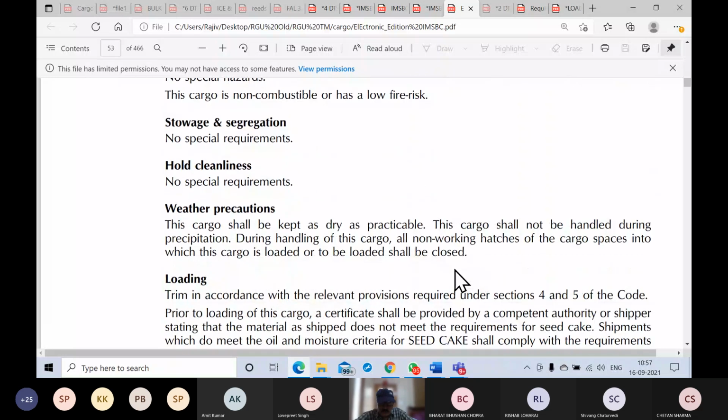So it continues. The individual schedule of this cargo continues. We are just seeing this as an example of what the individual schedule will contain. It even talks about weather precautions for this cargo: not to be handled during precipitation, non-working hatches must be closed, loading should be stopped.